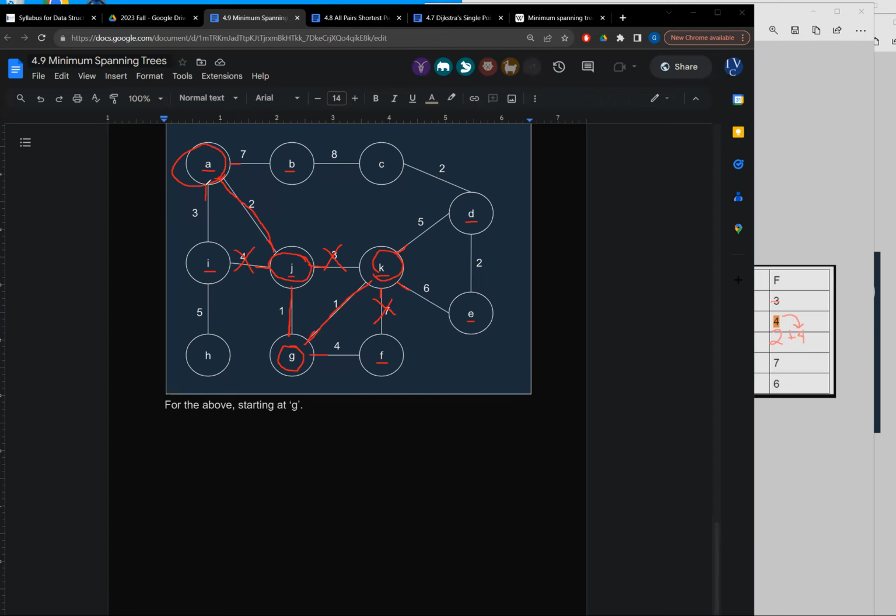All right, so 3 is our smallest. I is now a part of the tree, and we have a 5 edge to consider. All right, 5, 4, 6, 5, and 7. So this edge we found out about a long time ago, finally added to our tree. No other edges to worry about.